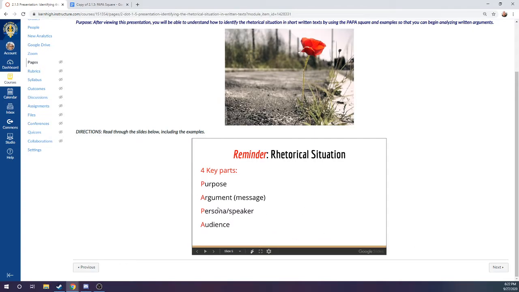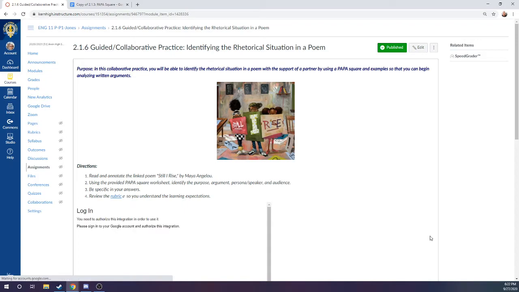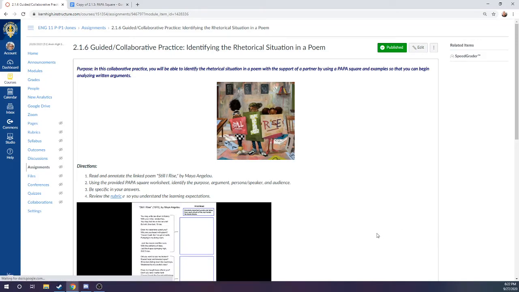If we know who's giving us the message, we can better find out what their purpose is. And then last but not least, we have to understand who their intended audience is. That's important to consider when we're talking about rhetorical situations.